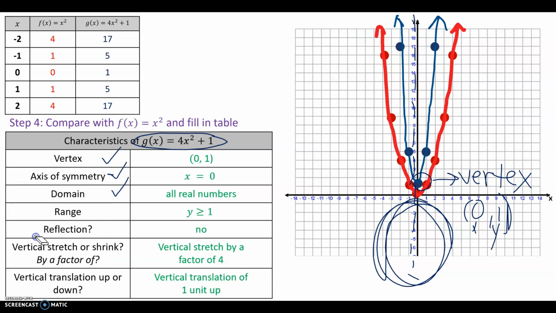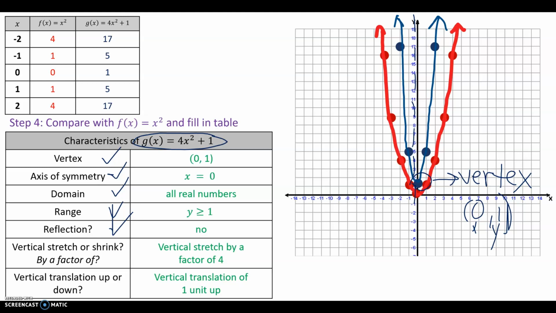So the range would be y is greater than or equal to 1, because it covers every possible y value that is bigger than or equal to 1, okay? Obviously these parabolas are going to go up higher and higher, and they're going to cover all of the big positive numbers.